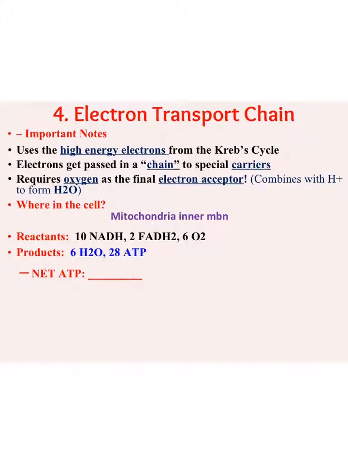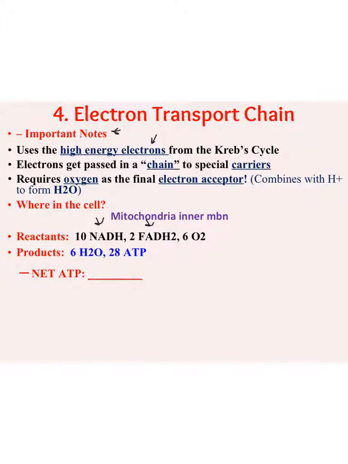All right, so here is the electron transport chain. Basically, this is what you need to know. So, important notes, you don't need to write that. But in this reaction, we're going to use those high energy electrons that are being carried by the 2 molecules, NADH and FADH2.